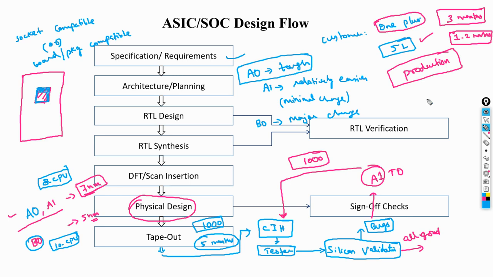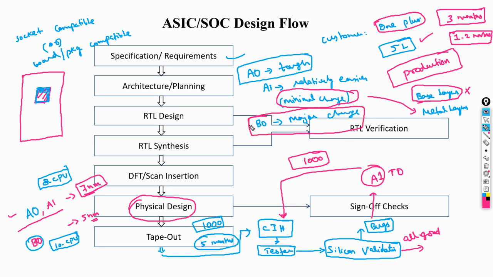We have something called base layers, and then metal layers and all of that. For A1, we always try to limit it to only metal layers change. We don't touch base layers. Whereas B0 means a complete layers change.